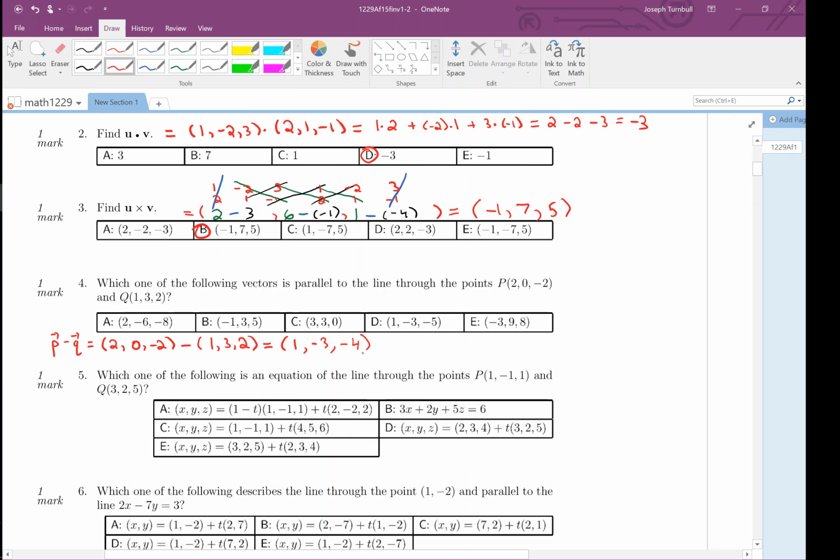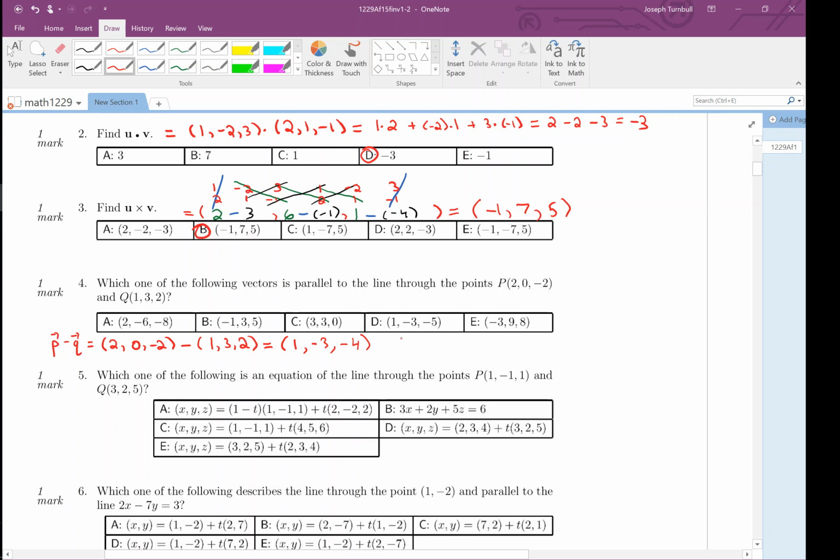And we look at the options that are there. Can I multiply this by something to make it look like one of these? So if I look at choice B, multiply by -1, I'll make the first entry match, and the second entry will match, but the third entry won't match. If I look at option C, it's completely off. I can't make it match by multiplying. For option D, similar. I can make it close.